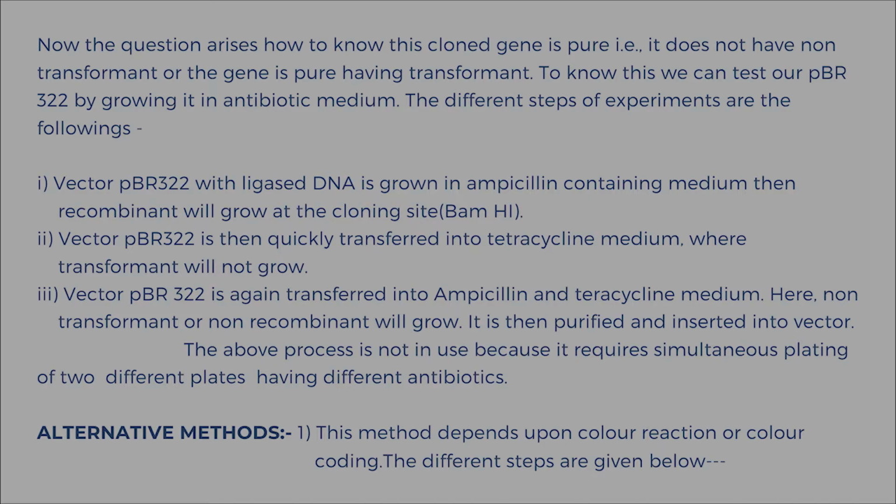Now the question arises: how to know whether this cloned gene is pure, that it does not have the non-transformant, and that the gene is pure, having the transformant. To know that, we can test our pBR322 by growing it in antibiotic medium, and the different steps of the experiment are as follows.